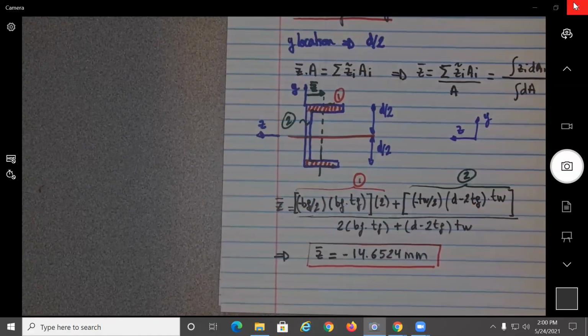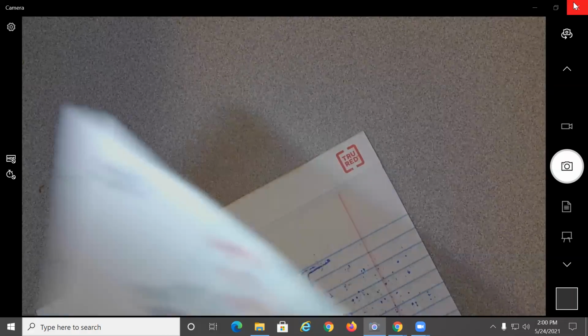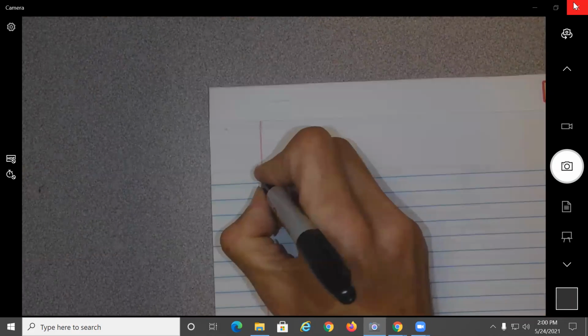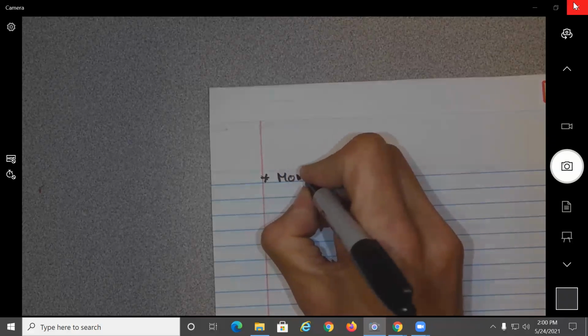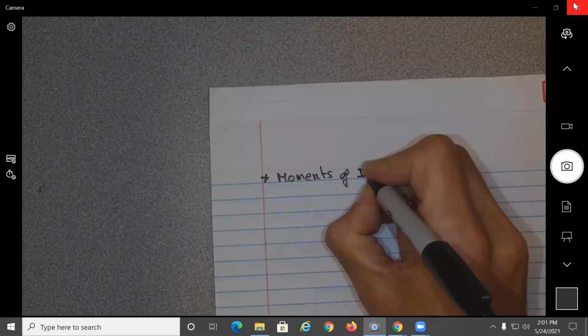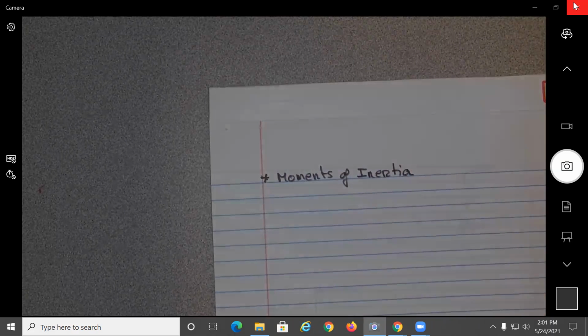Now let's find the moment of inertia. So let's find moments of inertia.